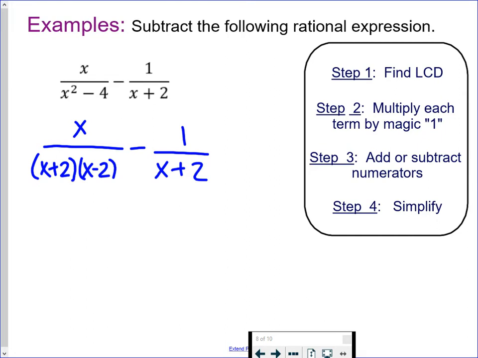Okay. So if I do difference of squares, I get x plus 2, x minus 2. I notice that I have an x plus 2 on both of them, but I do not have an x minus 2 on the second one. So I'm gonna incorporate that in there. Now, here is where the mistakes happen.